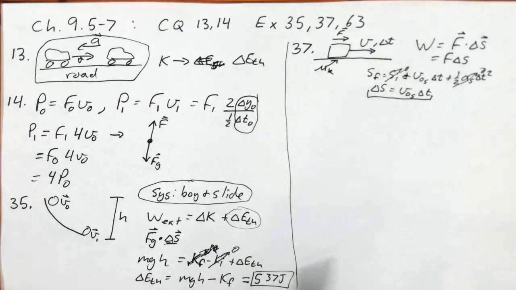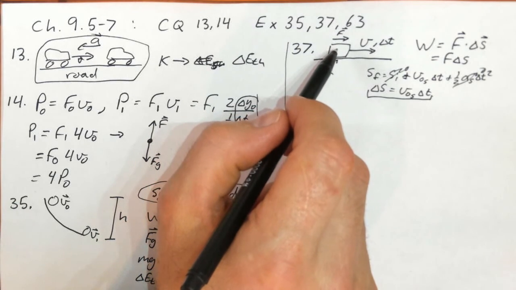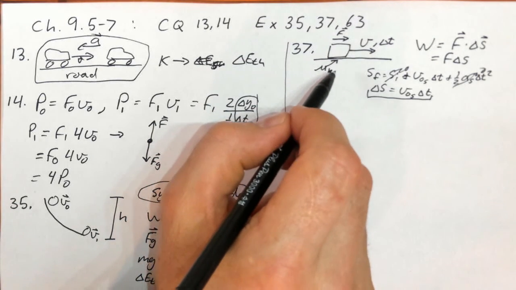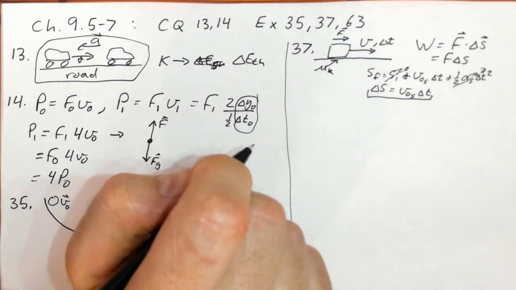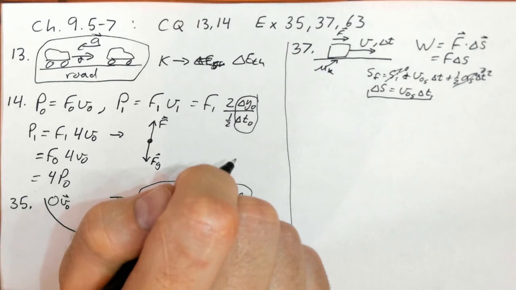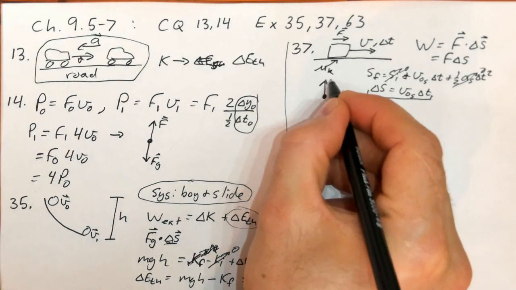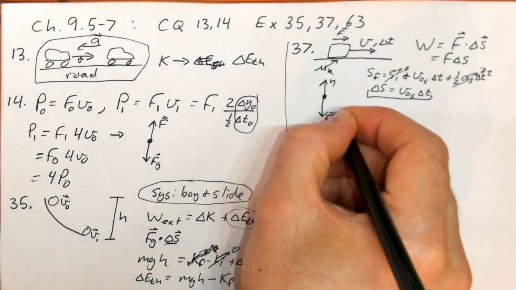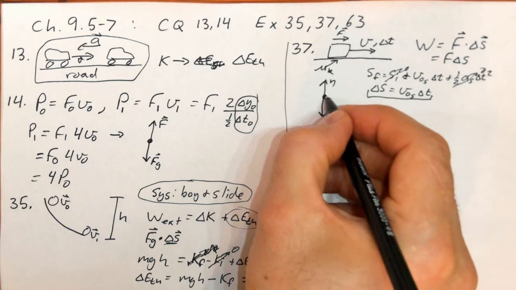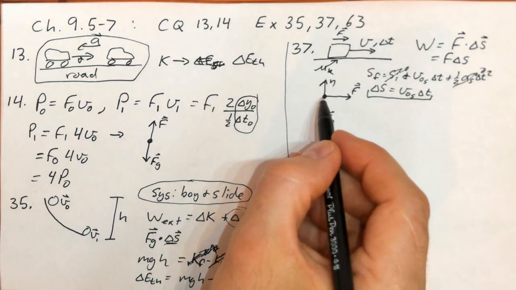Now, what about the force? How big is this push force? We're not told the value of the push force. But we are told it's steel on steel, and it's moving at constant speed. So what would your free body diagram look like? If I draw a dot for my steel box, I've got a normal force, the force of gravity. It's not accelerating up and down, so I expect those to be equal in length. I've got this push force, and it's not speeding up horizontally either.